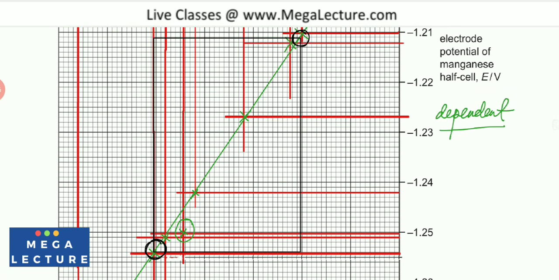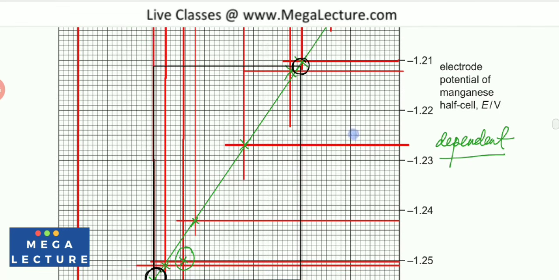Make sure you draw a triangle where you have your change in y and change in x. Make sure you clearly show these construction lines. This triangle has to be shown. The two points that you're using, because you're going to calculate change in y divided by change in x, so make sure you mark those points very, very carefully.